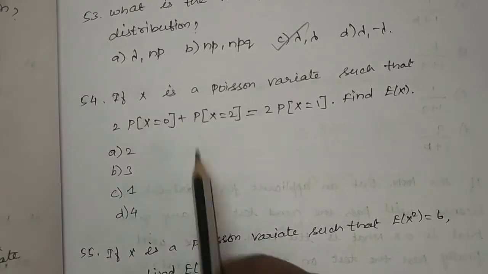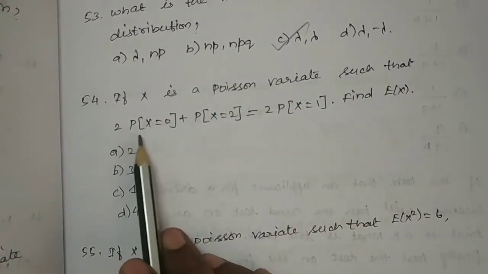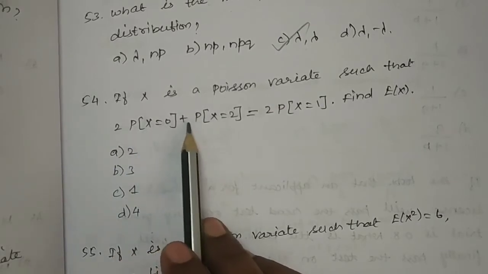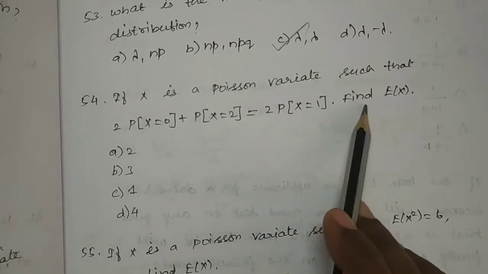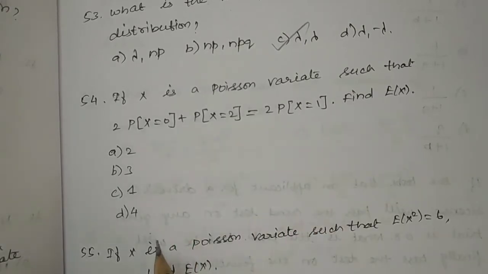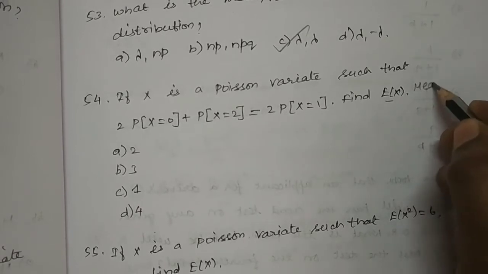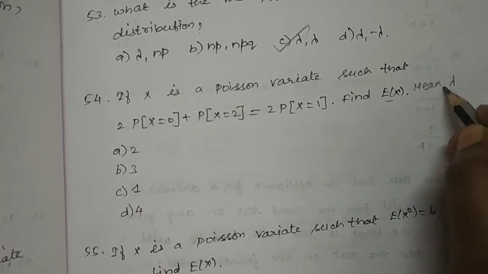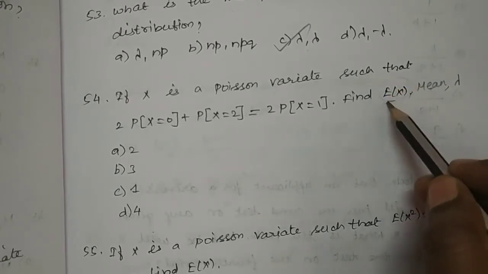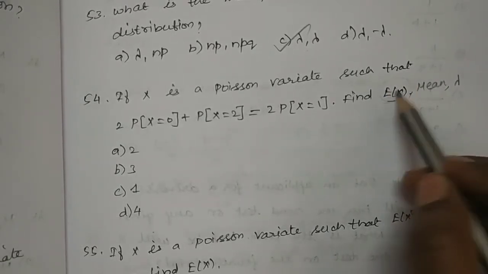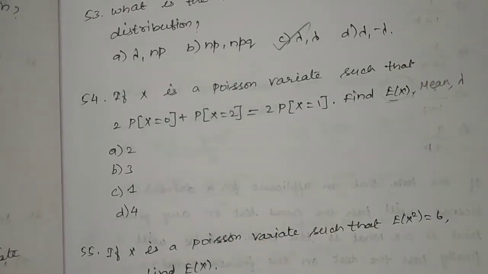Then next one, if capital X is a Poisson variate such that 2 into P of x equal to 0 plus P of x equal to 2 equals 2 into P of x equal to 1, find expectation of x. Expectation of x is nothing but the mean, or otherwise we can say it is lambda. All these three are the same.